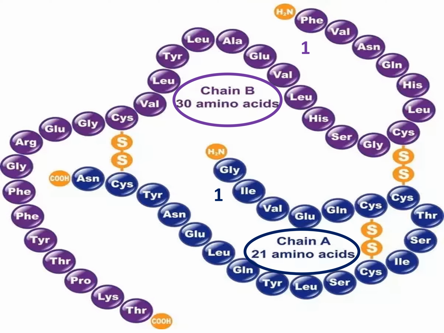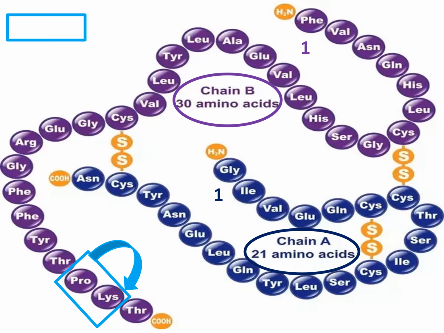Now, in the beta chain, you can see amino acids 28 and 29. If we flip them, just change the sequence of these amino acids, we are going to produce insulin Lispro.